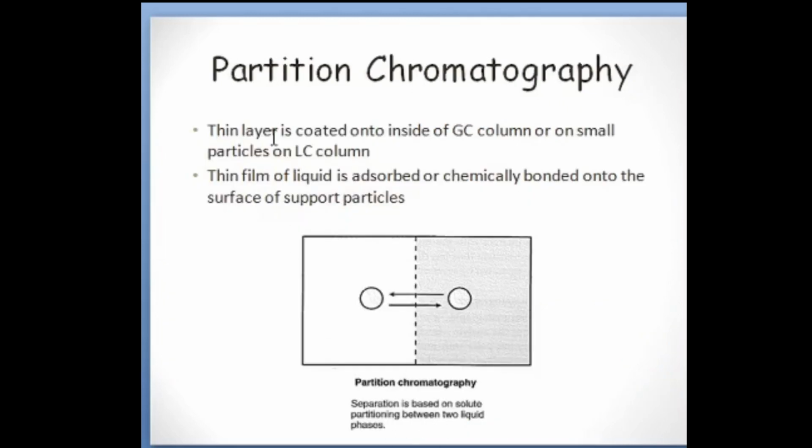Then in thin layer chromatography, a thin layer is coated onto the inside of a gas chromatography column or on small particles in a liquid chromatography column. So partition chromatography can be used in both gas chromatography and liquid chromatography. And as I told you, the name gas chromatography or liquid chromatography is based on the mobile phase and not on the stationary phase.